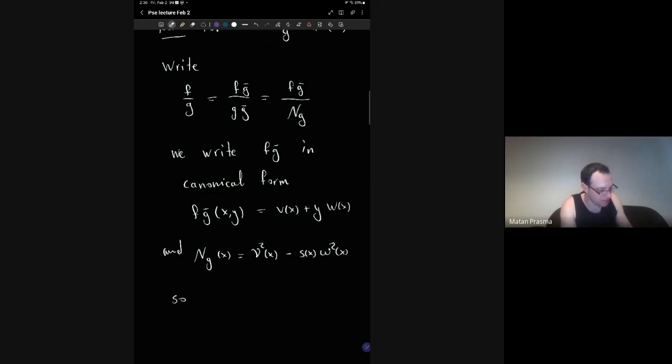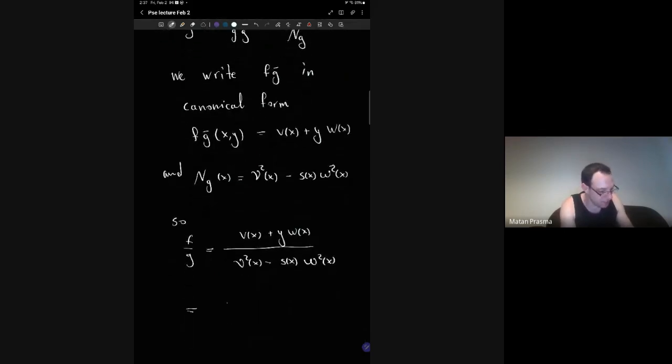It means that I can write f over g as v(x) plus y w(x) divided by some polynomial in x. So this is nu square x minus s(x) omega square of x.